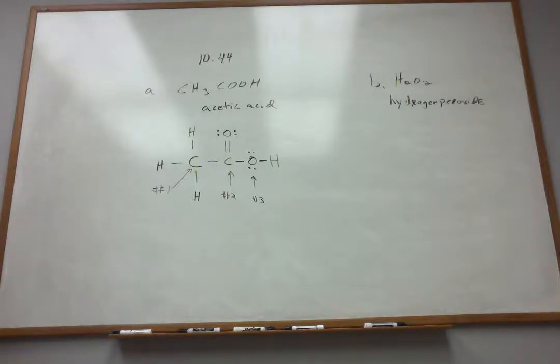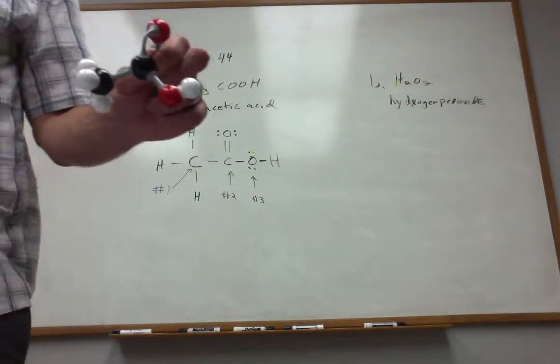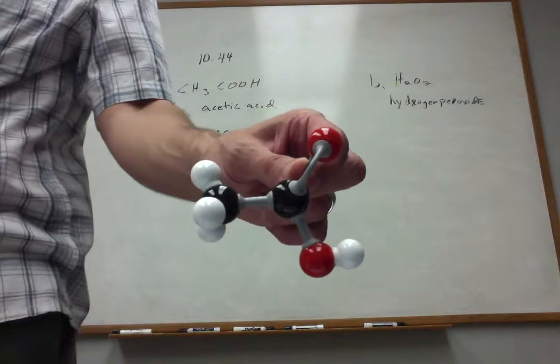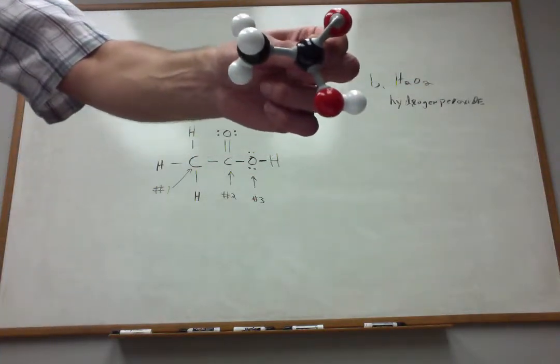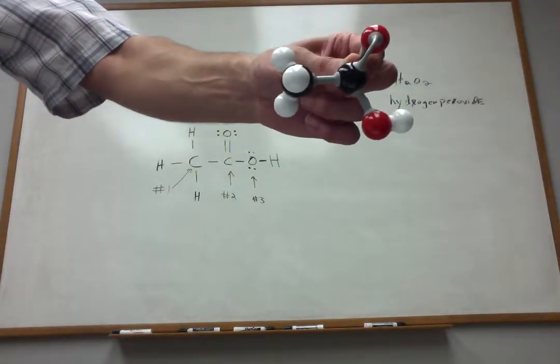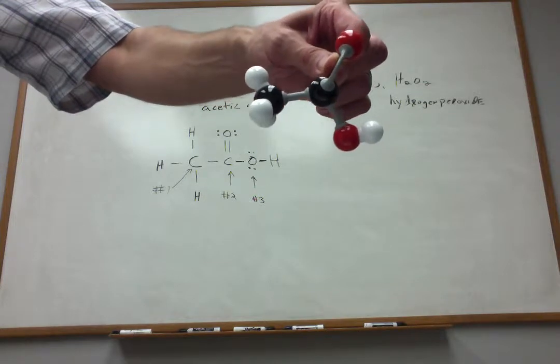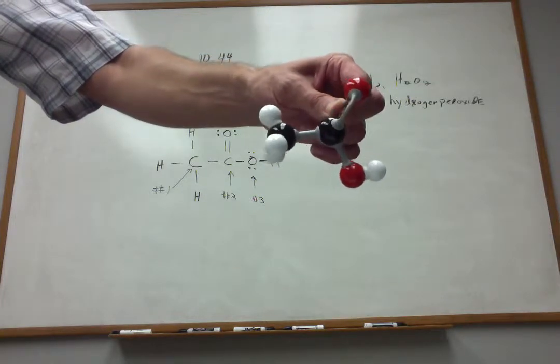What would it actually look like if we were to see it? Well, I've drawn it on the board just with these connecting lines. What might this molecule actually look like in 3-dimensional space? I've taken the liberty, before talking about this particular problem, of building this molecule with the ball and stick model set.